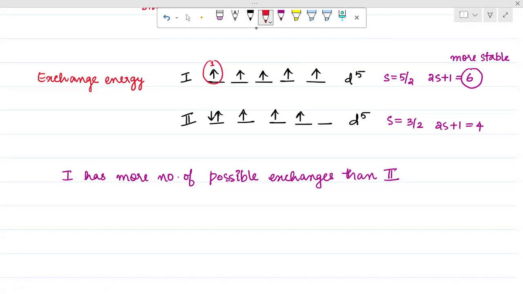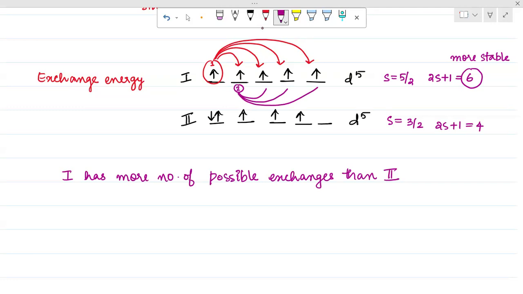So this can exchange with this, this, or this electron. Similarly, if I take the second electron, this can already exchange with 1, which I have already mentioned. Apart from that, this can exchange with the third, fourth, and fifth electron. Similarly, if I check the other electrons as well, there are many exchanges possible because all of them have the same spin.